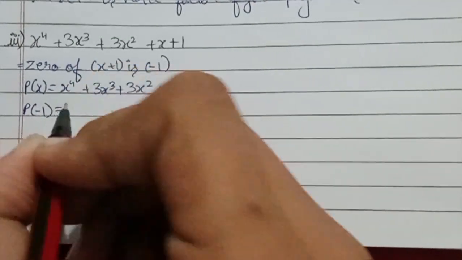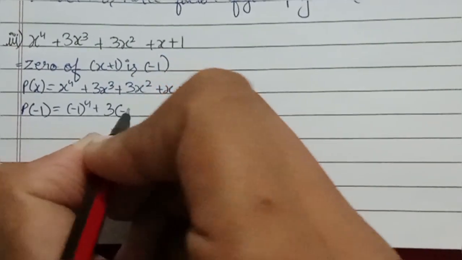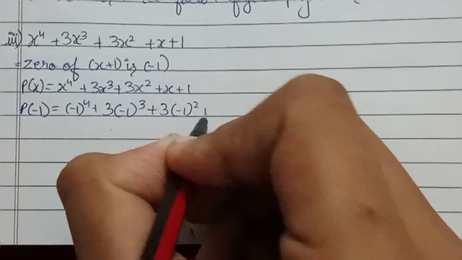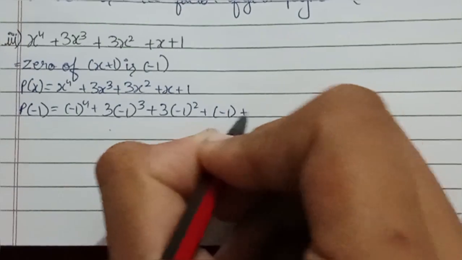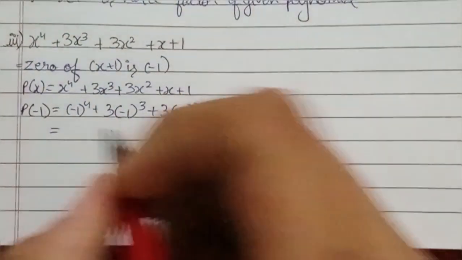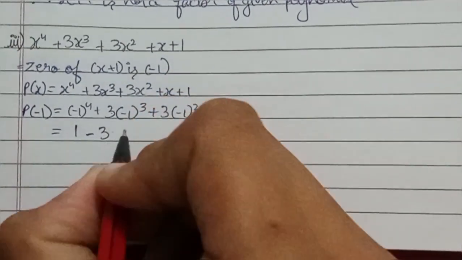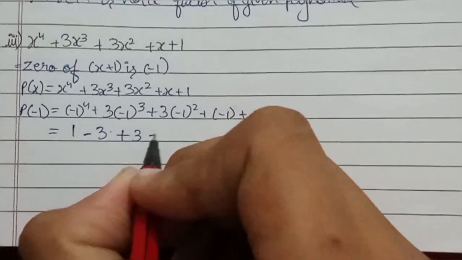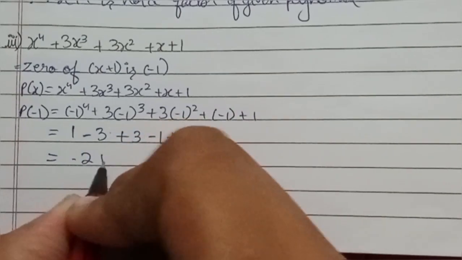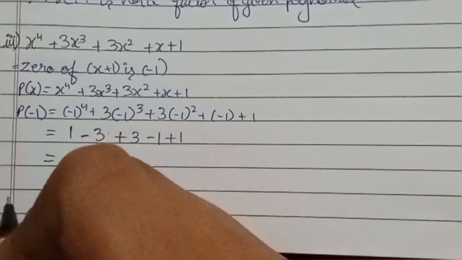P of minus 1 equals minus 1 raised to power 4 plus 3 into minus 1 cube plus 3 into minus 1 square plus minus 1 plus 1, which is equal to 1 minus 3 plus 3 minus 1 plus 1, which is equal to minus 2 plus 3, which is equal to 1.